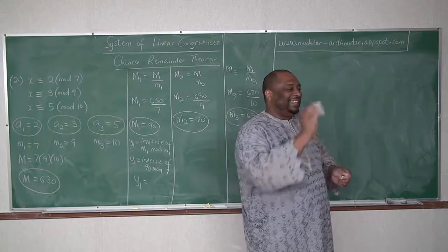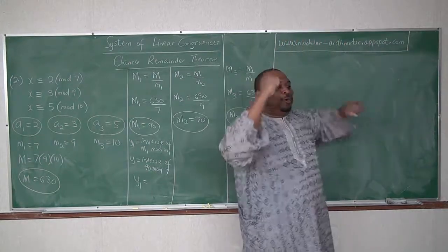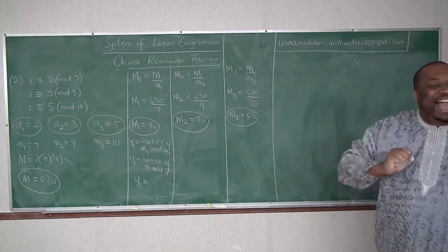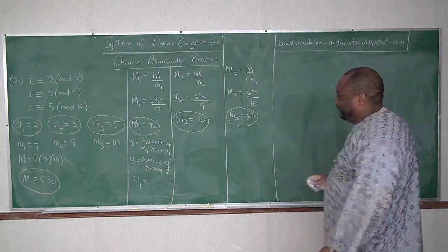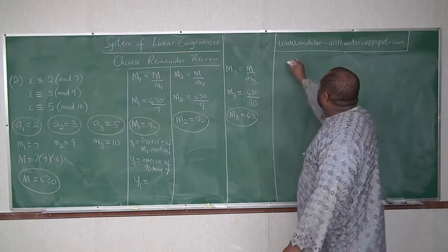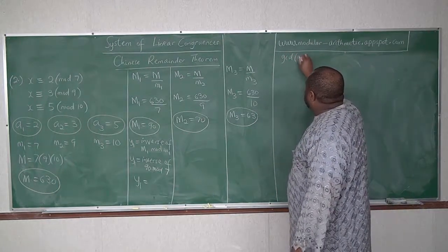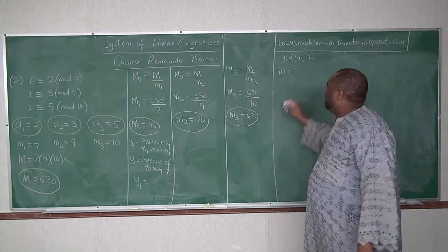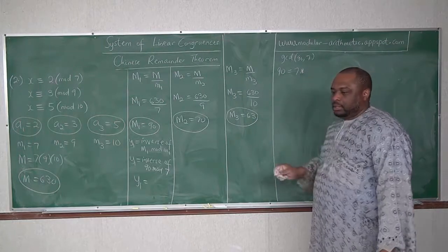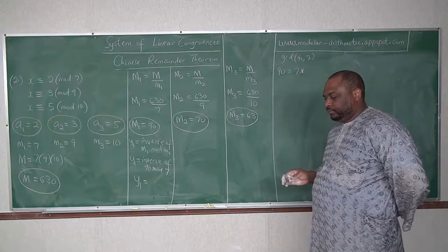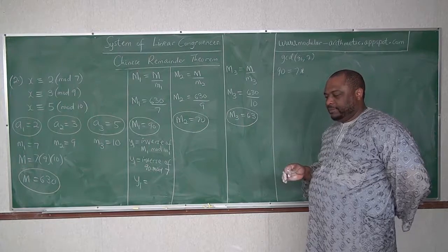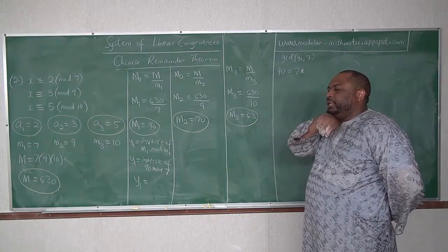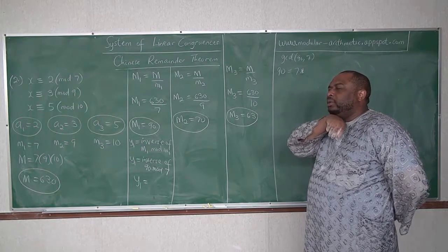I got it. We need the GCD of 90 and 7. 7 times 10 is 70, 7 times 12 is 84, 7 times 13 is 91.